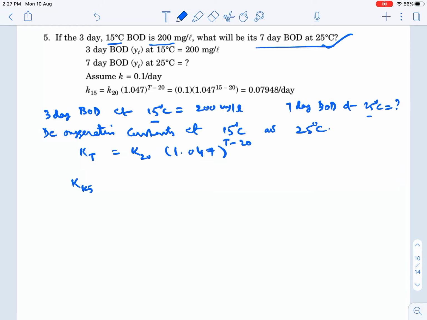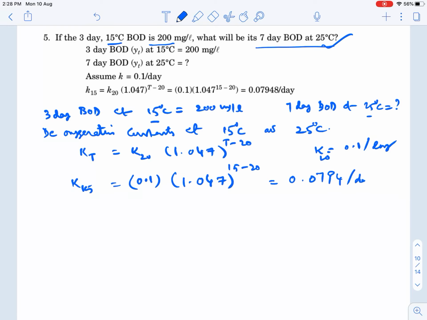So first we will calculate K15 is equal to K20. You can assume it as 0.1 per day. So 0.1 into 1.047 whole to the power of 15 minus 20. So this is equal to 0.0794 per day.